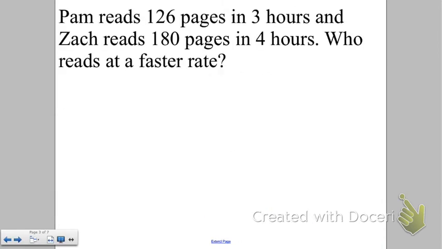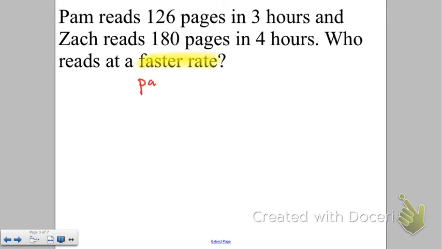And the last question. Pam reads 126 pages in 3 hours, and Zach reads 180 pages in 4 hours. Who reads at a faster rate? Take a second to copy down the question. I need to determine the rate at which they read.